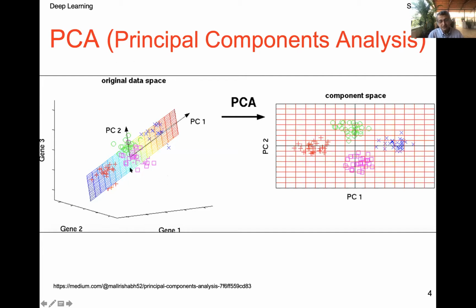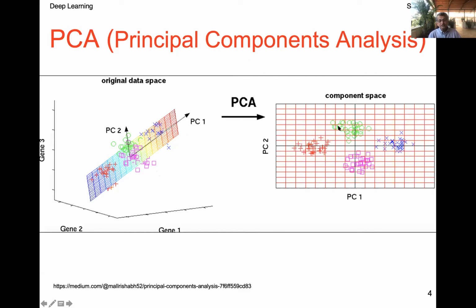We can say that particular plane has dimensions PC1 and PC2, only 2 dimensions. So we don't need to retain the values in 3-dimensional space. If we can find this particular PC1 and PC2, we can show all of the data just on this 2-dimensional plane. That's called principal components analysis, which takes you from the original data space to the component space, where we have a plot of PC1 and PC2.